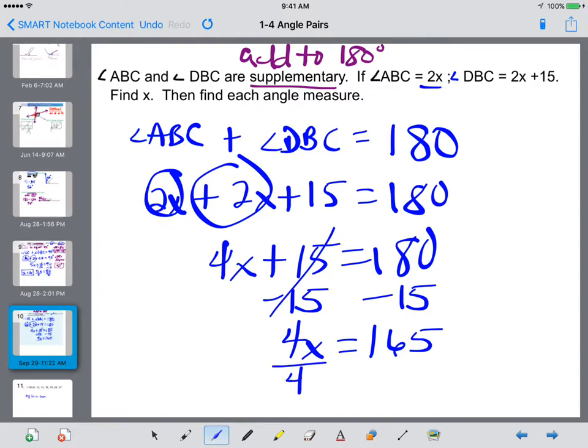And we have to divide that by 4. So x is going to equal 41, let me check my math here. 41.25.